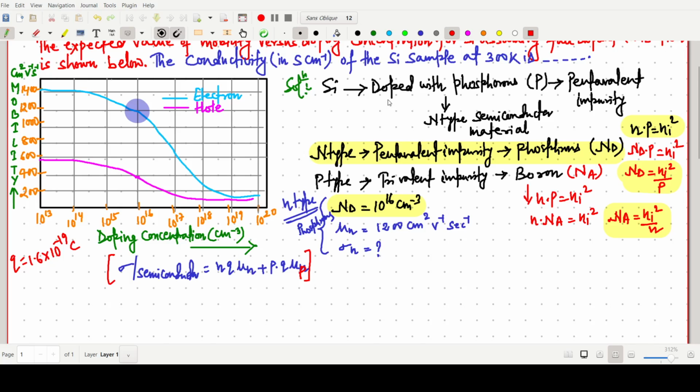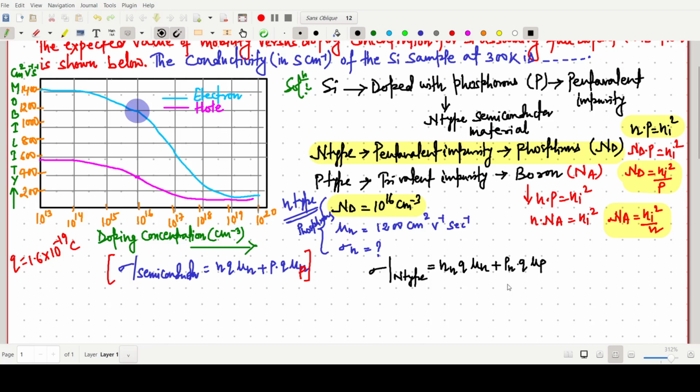Now in your question we have to think about the n-type material. This one is a general expression. So we can easily write the expression for the sigma value for n-type material. It should be n of n q mu n plus p of n, the hole concentration in n-type material, into q into mu p.